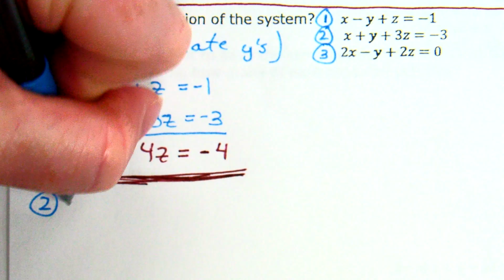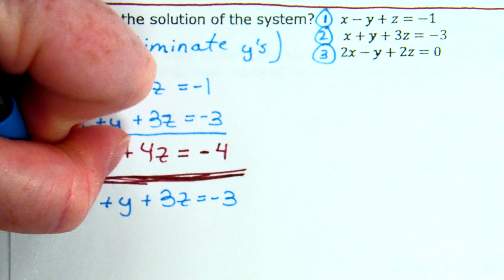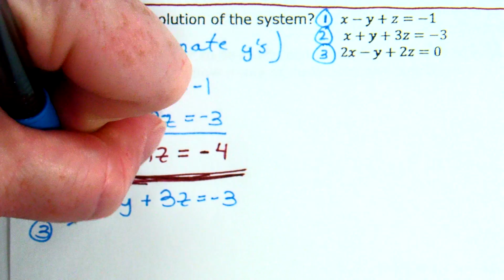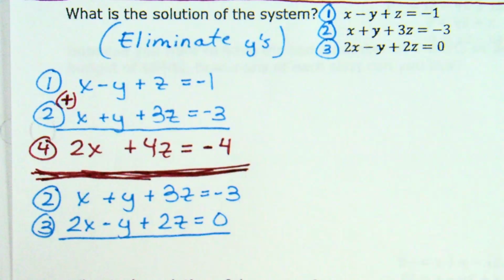So 2 is x plus y plus 3z equals negative 3. And 3 is 2x minus y plus 2z equals 0. Again, my y's have opposite signs, a y and a negative y.